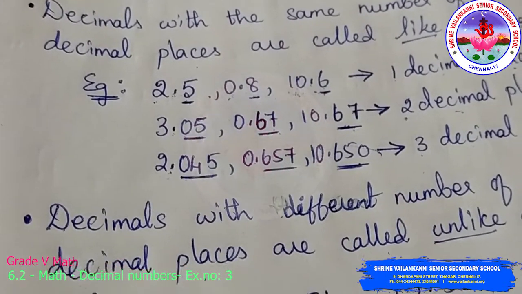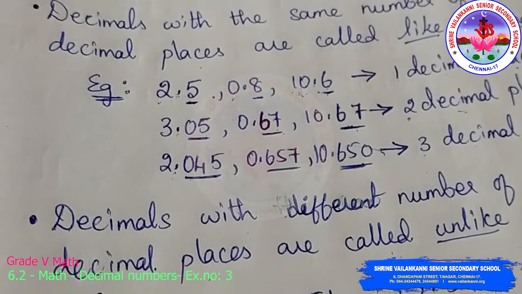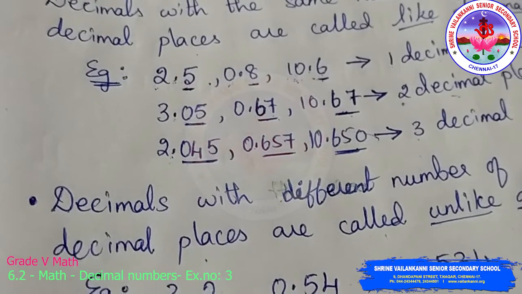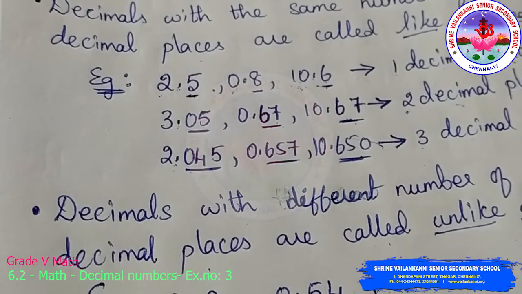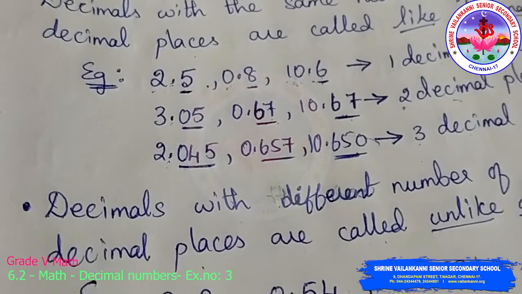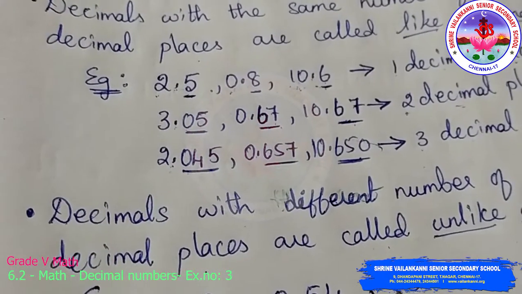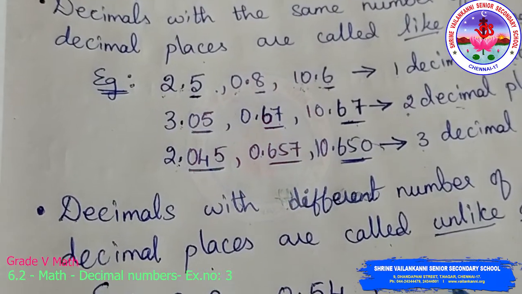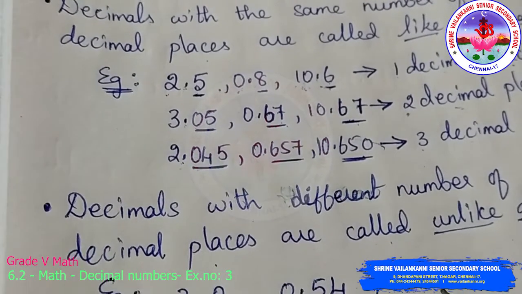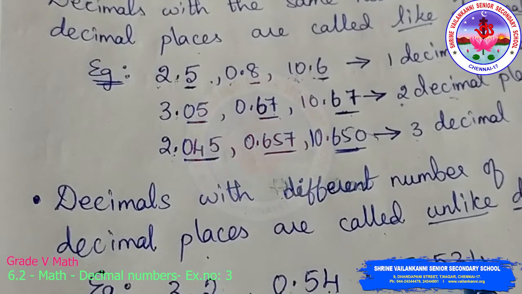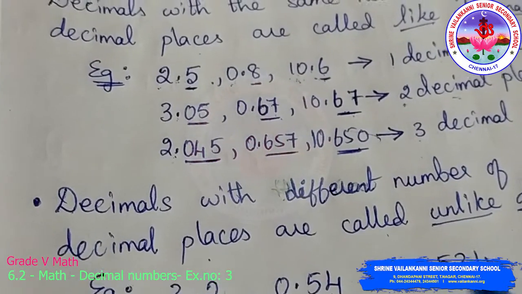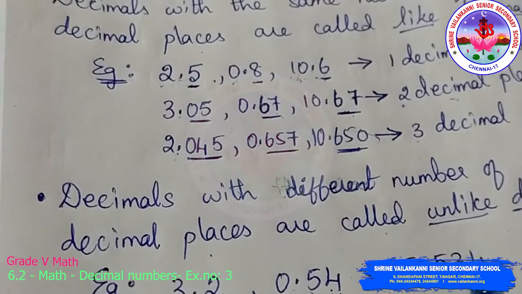When you have 2 digits or 3 digits also, 0.54, you are not supposed to call this as 54. 54 is a whole number. Here 15 is a whole number, so together you call 15.534. You are not supposed to call this as 534. You are supposed to call only 534.